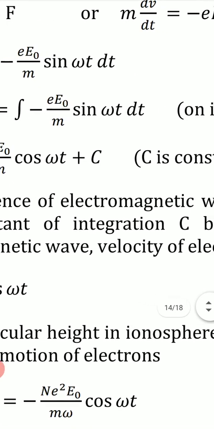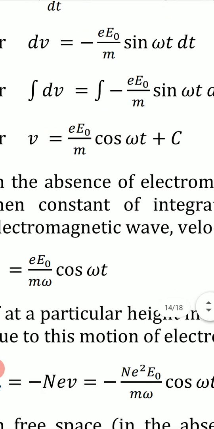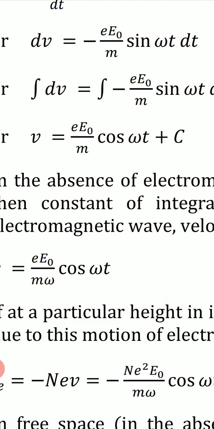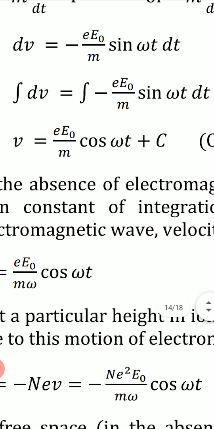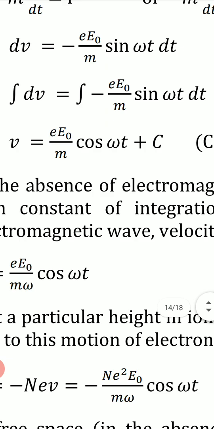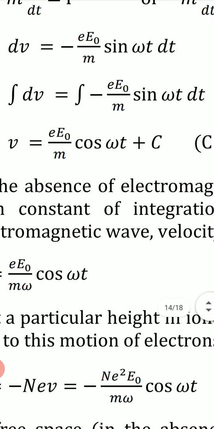And c is constant of integration. So correct here, this v will be equal to eE0 upon m omega cos omega t plus c.